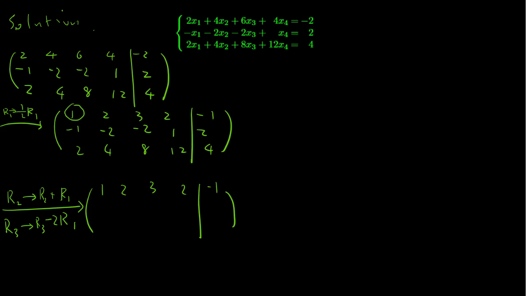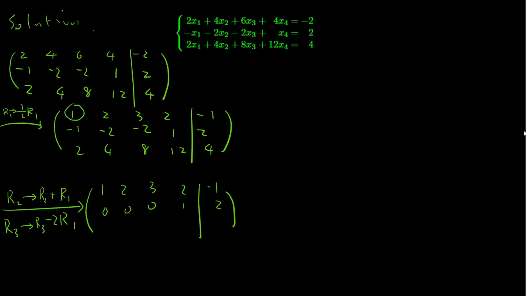Anybody want to tell me the new second row? 0 0 1 1 1. I think 1 2, is that right? 0 0 0 1 2. No, sir. 3 minus 2 is equal to 1. Did I do anything wrong?